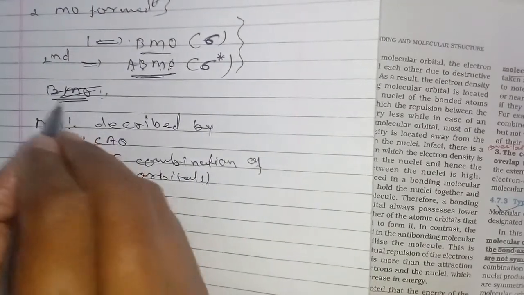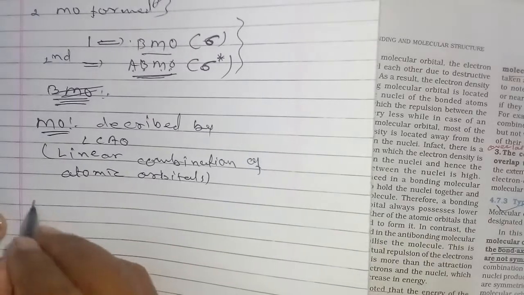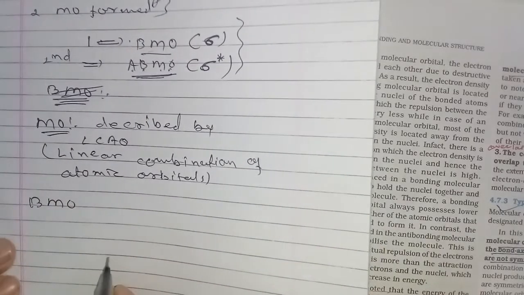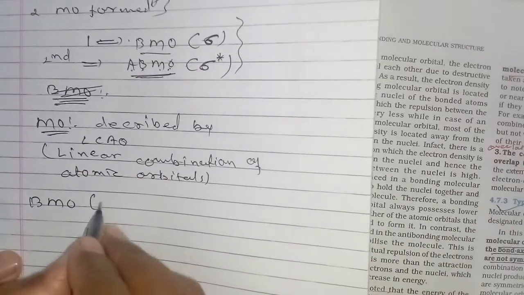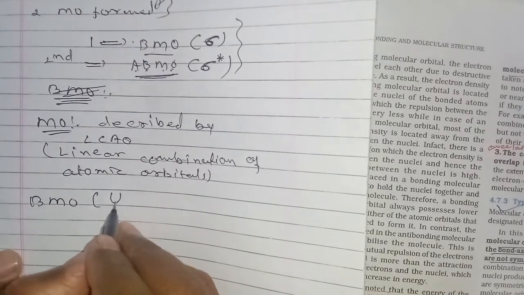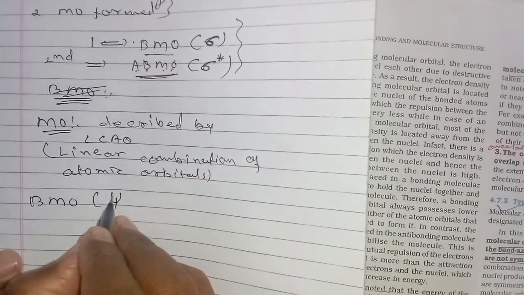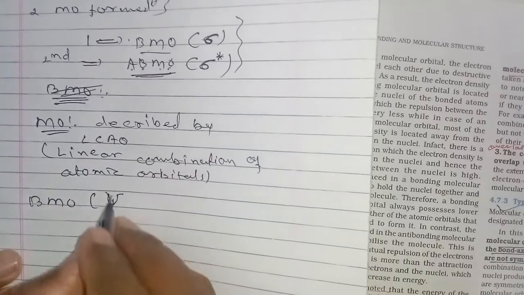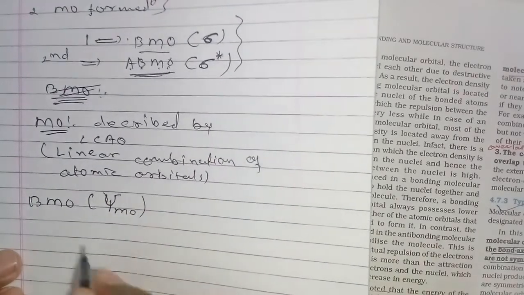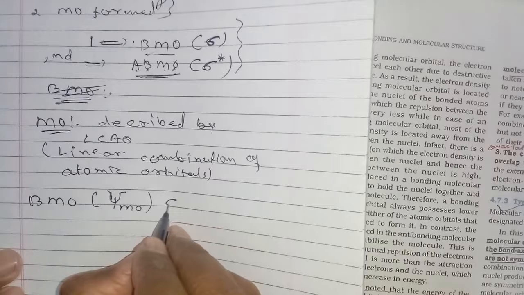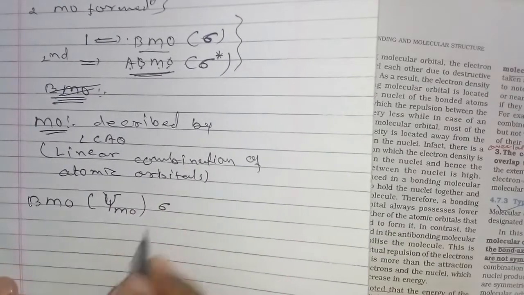Now let's see the bonding molecular orbital, BMO. It is represented by psi, or described by sigma.